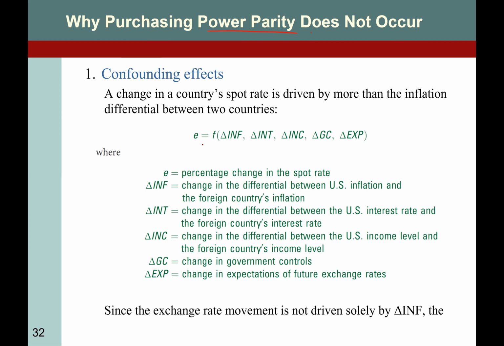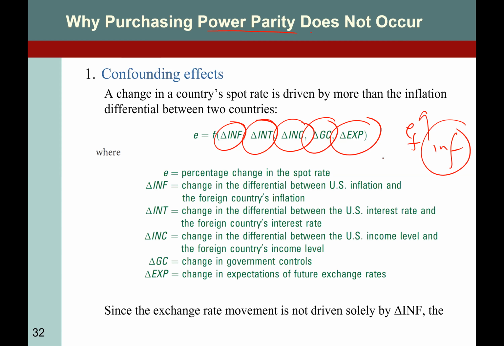Because we know that the exchange rate not only depends on interest and inflation, it also depends on income, government controls, and expectations, right? So we just talked about purchasing power parity and interest rate parity. In purchasing power parity, we just talk about the exchange rate of foreign currency appreciating or depreciating based on just inflation, which is just one factor.